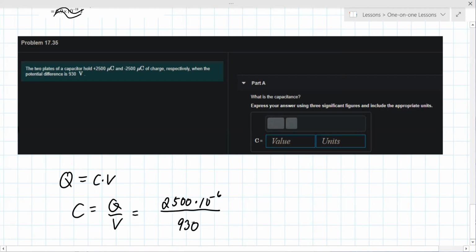That's your first value. Actually, that's all that's needed. So we do that calculation, and that's the capacitance in farads. We'll get that number for you.